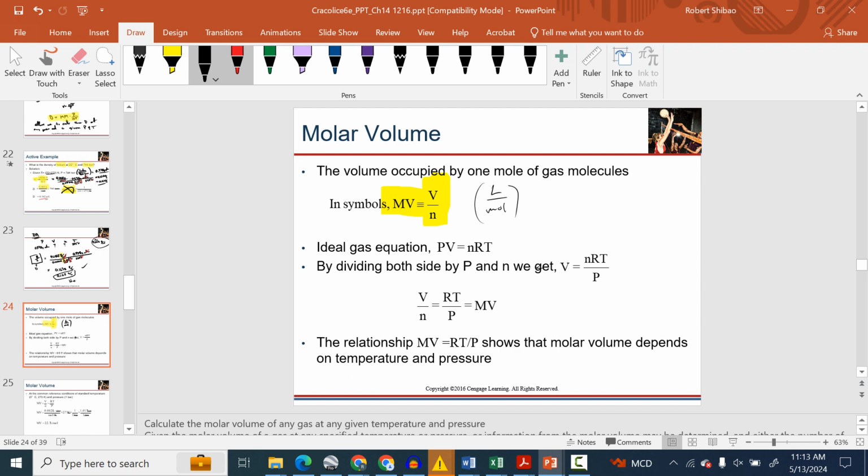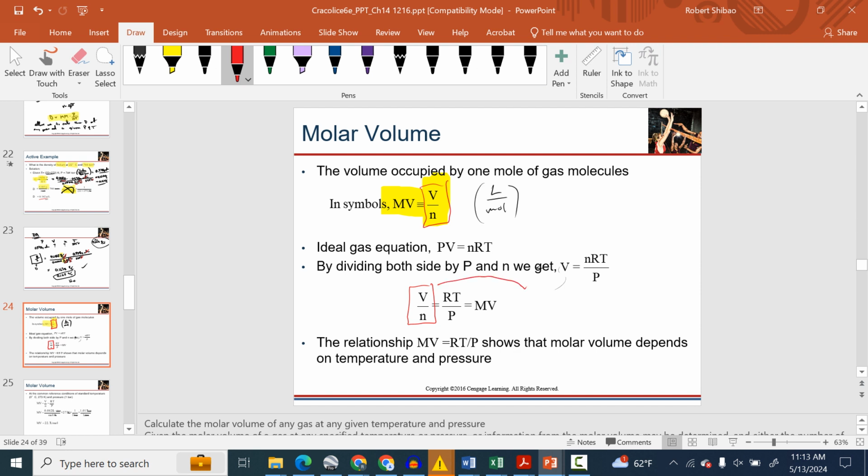So this is the way I would derive it, but they did it in one step. I'll do it in a couple of steps here. So we want volume per mole.